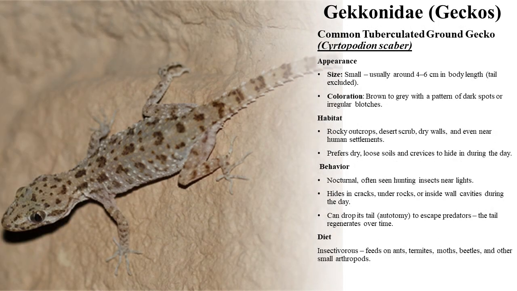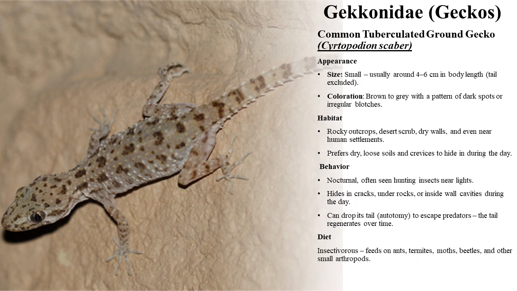Gekkonidae, including the common tuberculated ground gecko. Small size, usually around 4 to 6 centimeters in body length. Coloration is brown to grey with a pattern of dark spots or irregular patches.